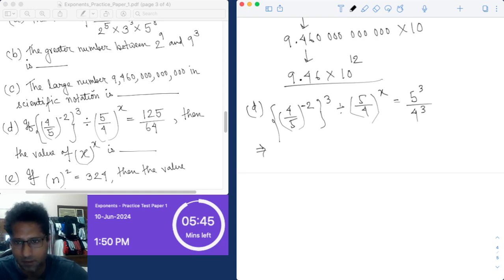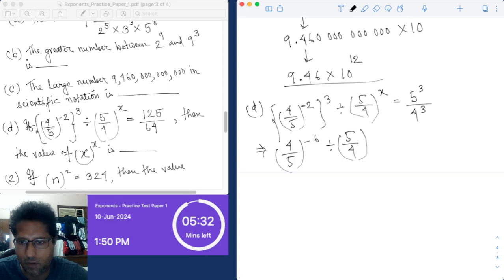So this implies (4 by 5) to the power minus 6 divided by (5 by 4) to the power x equals (5 by 4) to the power cube.